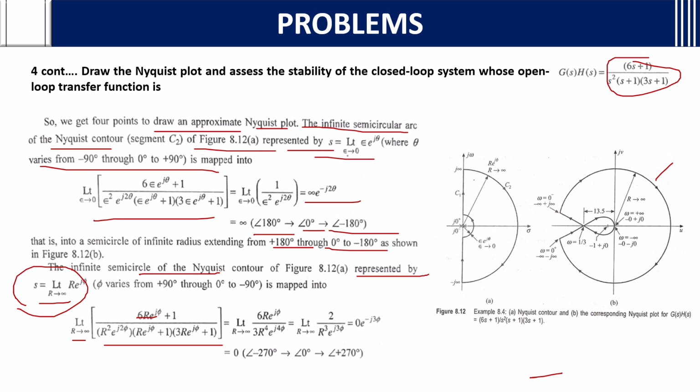Sorry, it is not 180, it is 3 into 90. 90 into 3 means 270. So minus 270 to plus 270. Why? Because you got 3 theta. So it should be 270, which is approximately here. So the points look in this way and the Nyquist plot looks in this way. If you see here, all the points are there: minus 0 plus j0, minus 0 minus j0, and minus infinity minus j infinity, minus infinity plus j infinity. Okay.